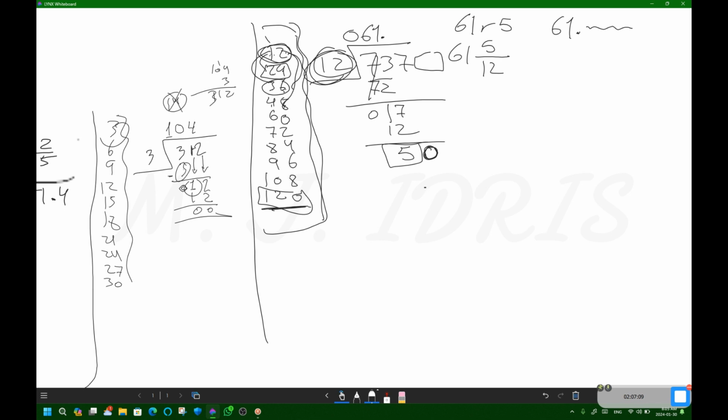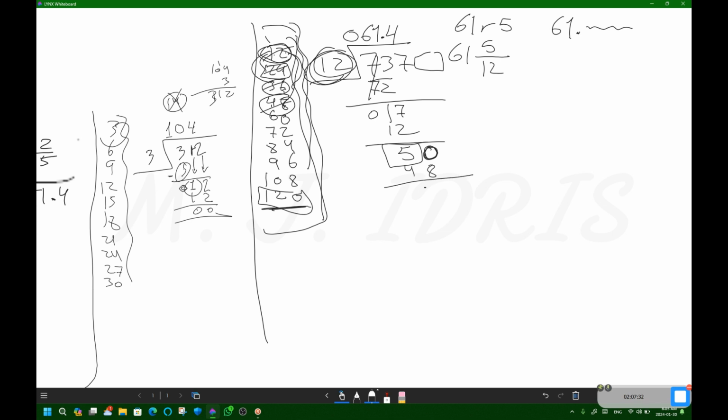So 50 here, what's the closest multiple to 50? 48, which comes from 4.